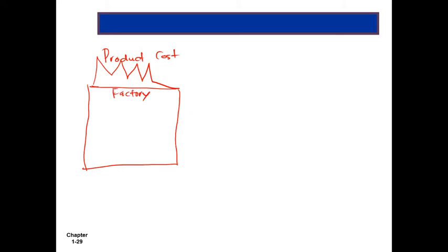Whatever happened inside your factory will be considered product cost, because you are producing your inventory. So we have product cost here, which involves direct material, direct labor, and overhead cost. Whatever cost happens inside your factory is your product cost.